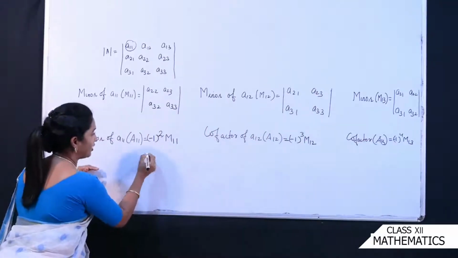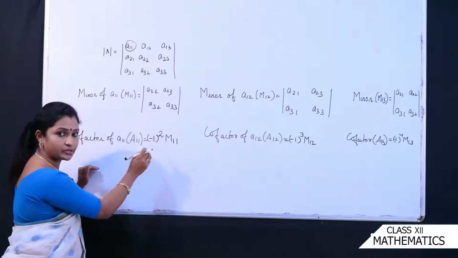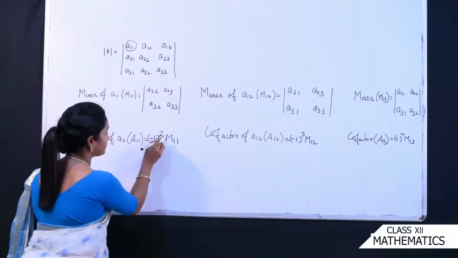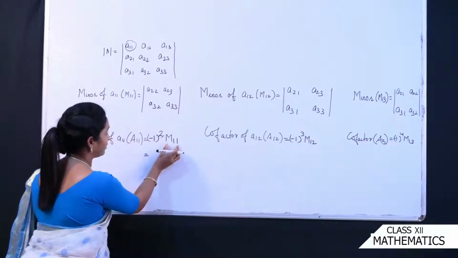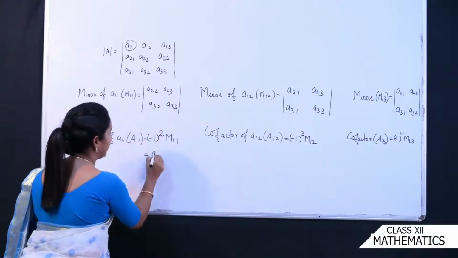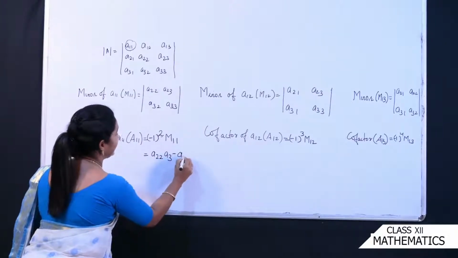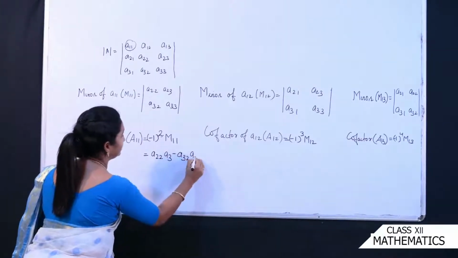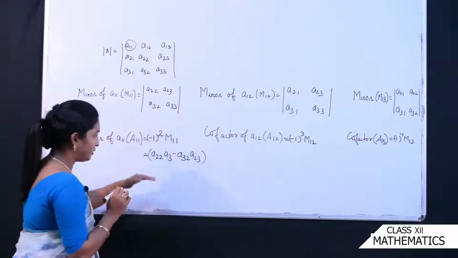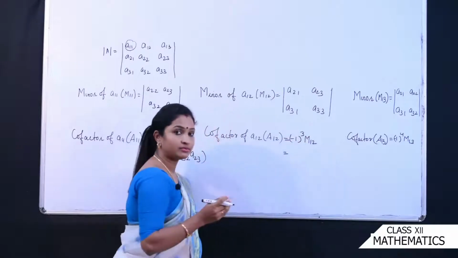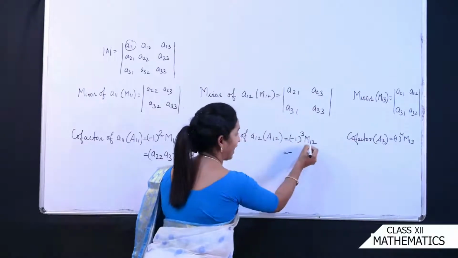अब ये माइनर क्या होगा, यहाँ पे आप देखिए -1 the whole square, it is plus. Now see here, what is M11? M11 is -1 the whole square will become plus and M11 you have to just cross multiply. That means A22 A33 minus A32 A23, okay, right? ये मिल गया आपको. Now look at here again, -1 the whole cube means minus of M12.